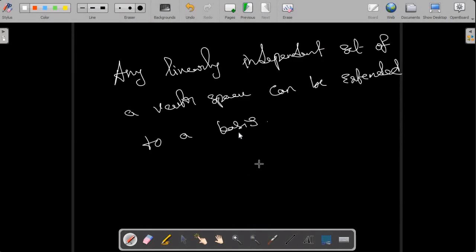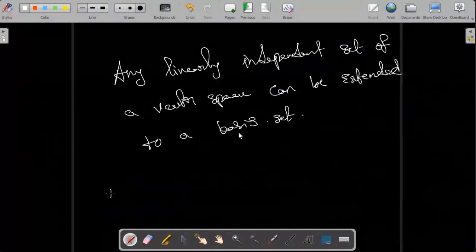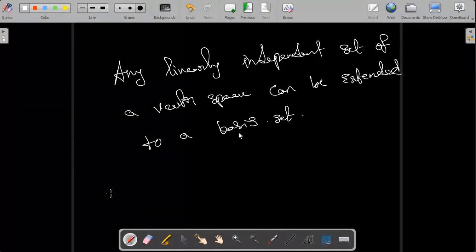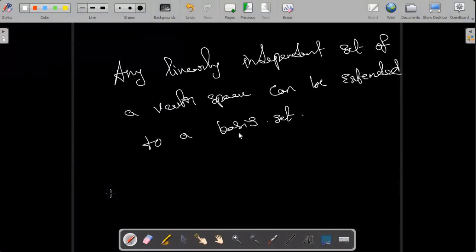Any linearly independent set of a vector space can be extended to a basis set. అంటే ఒక సెట్ లీనియర్లీ ఇండిపెండెంట్ అయిందండి, అది స్పాన్ చేస్తే బేసిస్ అంటారు. స్పాన్ చేయలేదు అనుకోండి, అంటే స్పాన్ చేయట్లేదు అంటే ఏదో ఒక ఎలిమెంట్ 2 ఎలిమెంట్స్ తగ్గుంటాయి. ఆ 2 ఎలిమెంట్స్ ఆర్ 1 ఎలిమెంట్ ఇంట్రడ్యూస్ చేయడానికి ట్రై చేయండి.